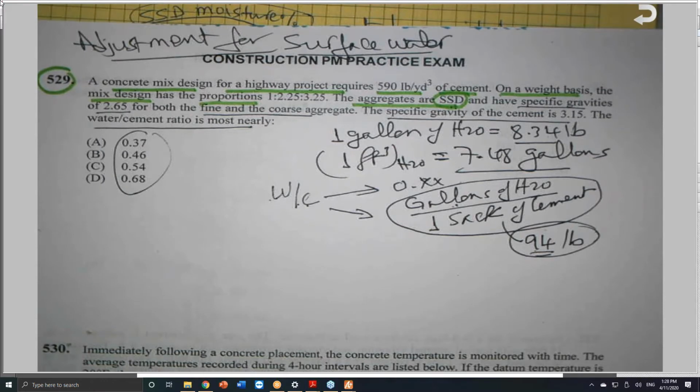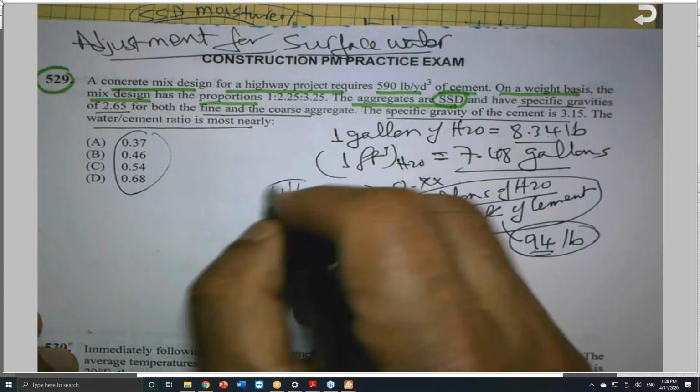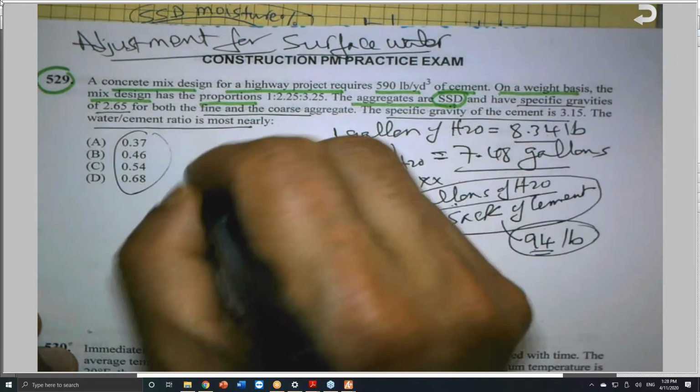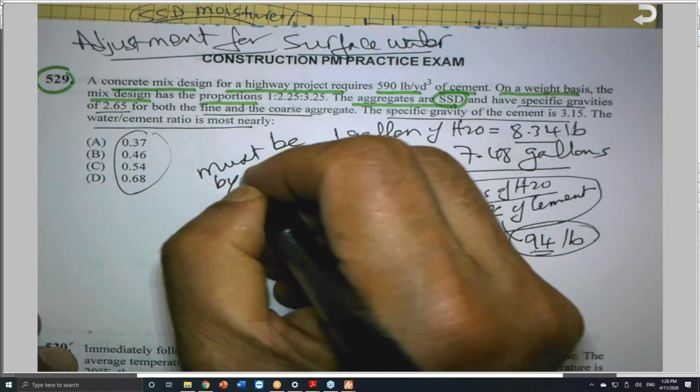I need you to remember that. Or 50 pounds, as sometimes we think that a sack of cement weighs 100 pounds, and sometimes we think that it weighs 50 pounds. No, neither. So the water cement ratio could be a decimal like this, but it's still a ratio by weight. It must be by weight, not by volume, never.